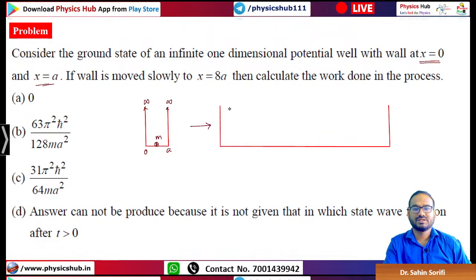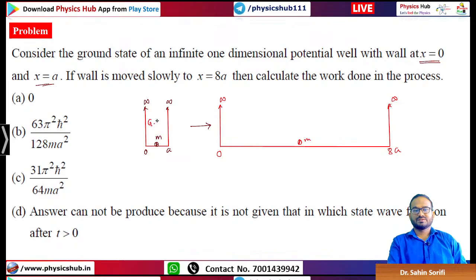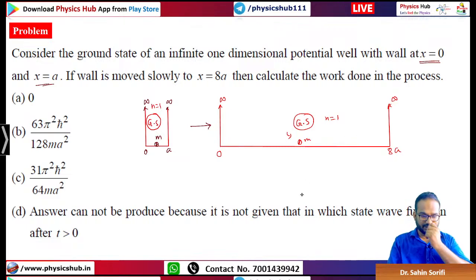So you have to check zero to 8a. Calculate the work done in the process. What is the work done? The ground state you have to consider. The particle is in the ground state. Here also the particle is in the ground state, meaning n is equal to 1. Tell me what is the answer?